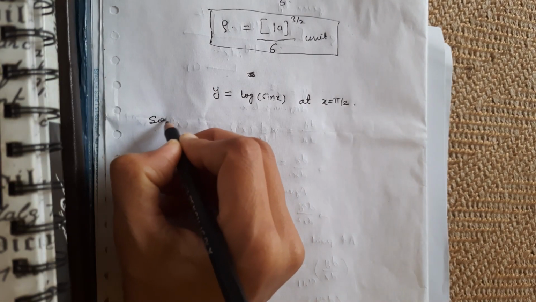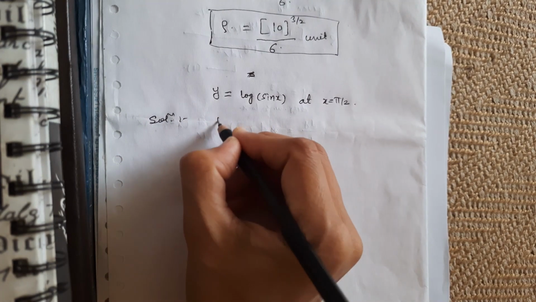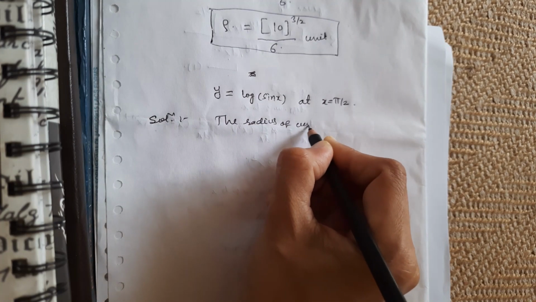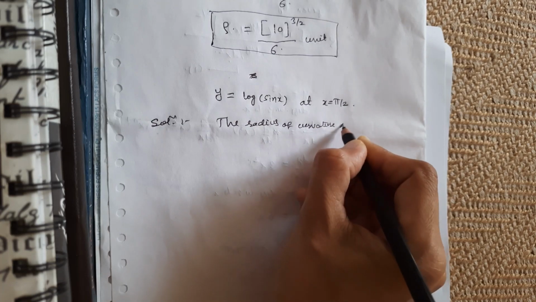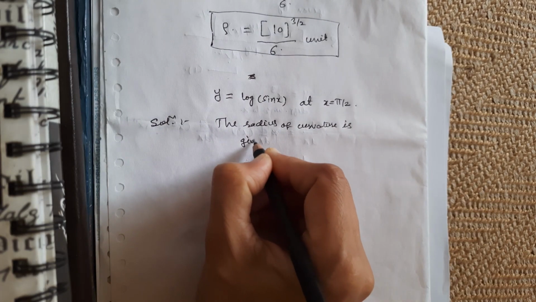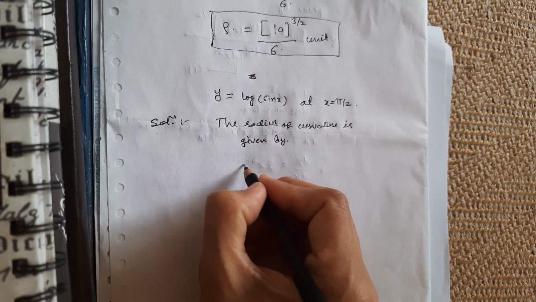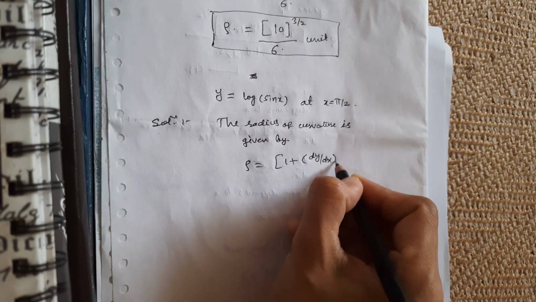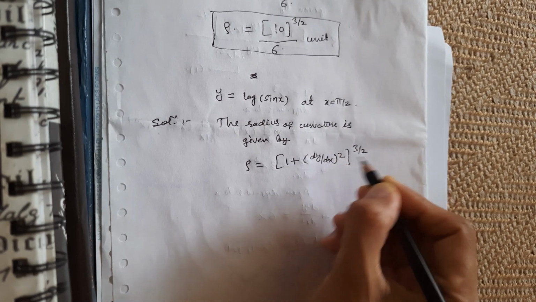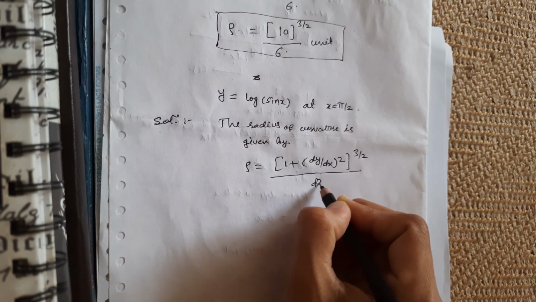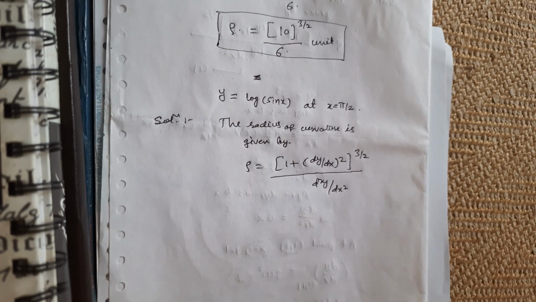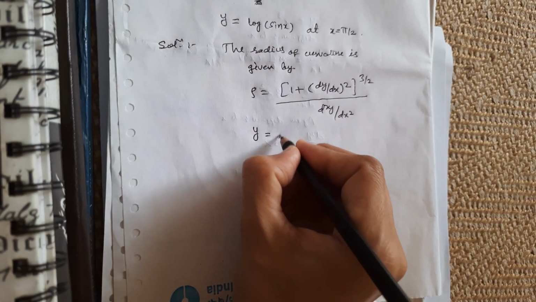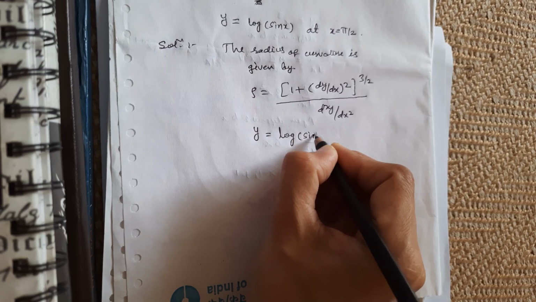Now the solution is, again I am going to write, the radius of curvature is given by rho equals (1 plus (dy by dx) square) to the power 3 by 2 divided by d2y by dx square. Okay.